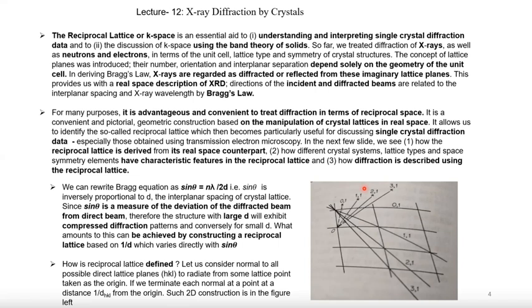The directions of incident and diffracted beams are related to the interplanar spacing and X-ray wavelength by Bragg's law, as we showed in the last slide. For many purposes, it is advantageous and convenient to treat these directions in terms of reciprocal space, specifically for single crystal diffraction data.